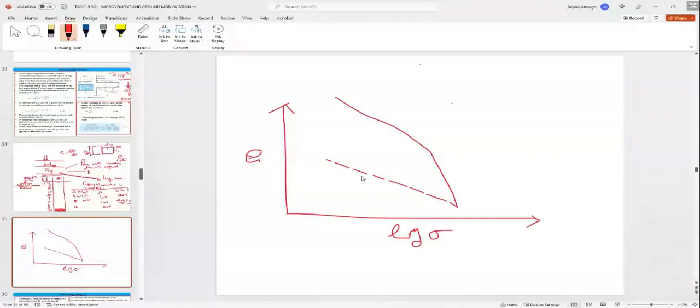How can you determine the initial void ratio? Let's do this quickly and finish this. I want to wind up this because I don't want to jump into other methods before. How do you determine that?